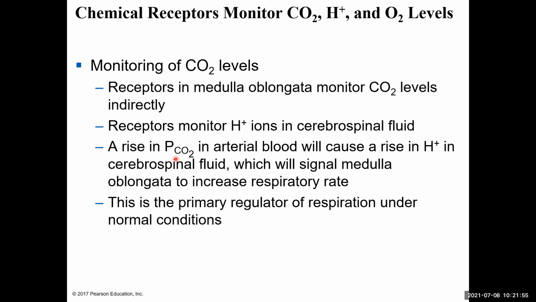And so the medulla oblongata can look at the amount of hydrogen ions and indirectly determine whether the partial pressure of carbon dioxide is remaining the same, increasing, or decreasing. Monitoring the carbon dioxide indirectly this way is primarily how our nervous system regulates the rate of respiration.